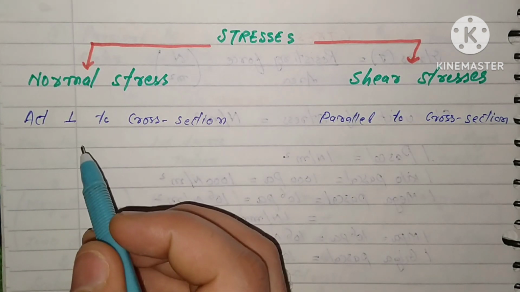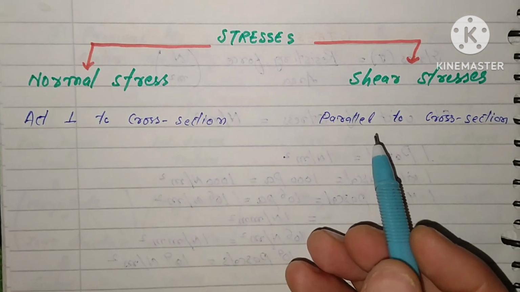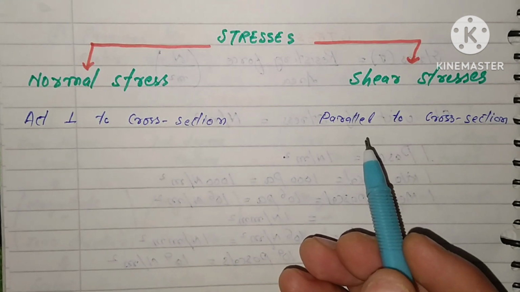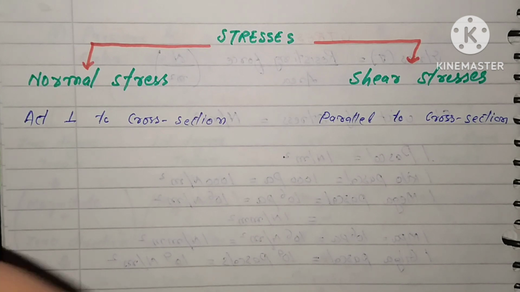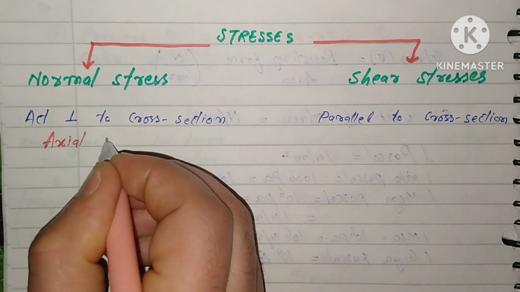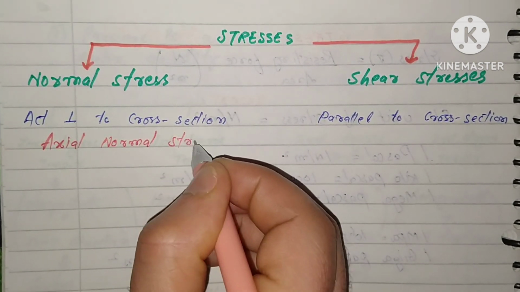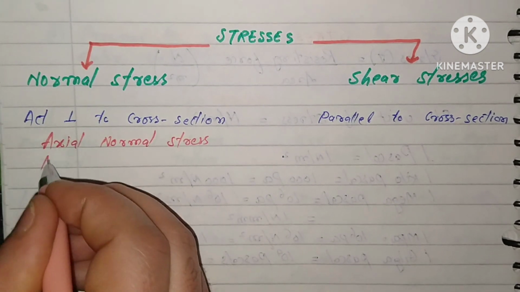Normal stresses can be actual normal stress or bending normal stress, and shear stresses can be direct shear stress or indirect shear stress. So the normal stress can be actual normal stress, or it can be bending normal stress.